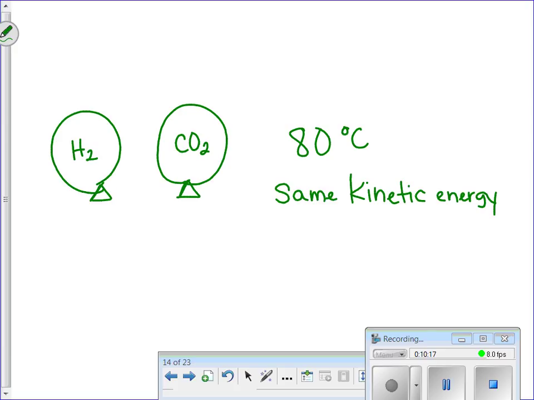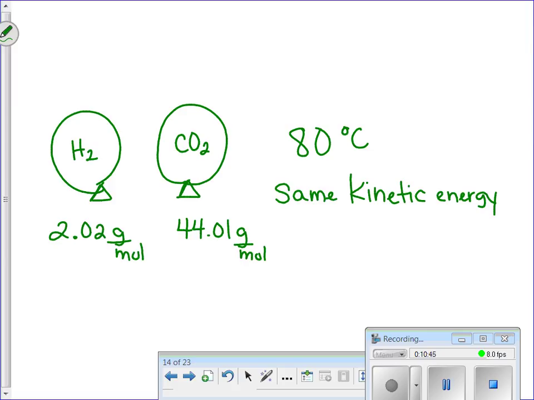But kinetic energy depends on mass and velocity. So if I ask, in which balloon are the molecules moving faster, what you need to do is say, well, the molar mass of hydrogen gas, H2, is 2.02 grams per mole. If I take the molar mass of CO2, that's going to be 44.01 grams per mole.